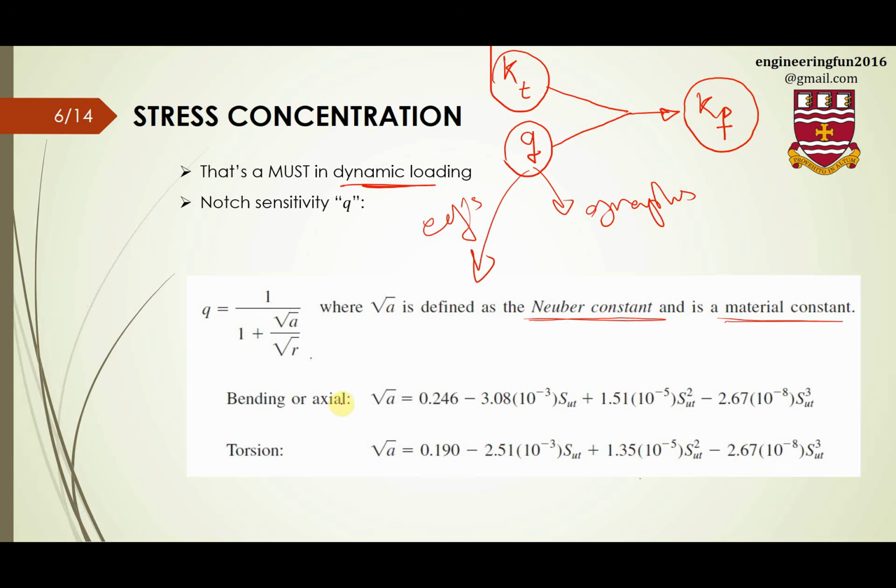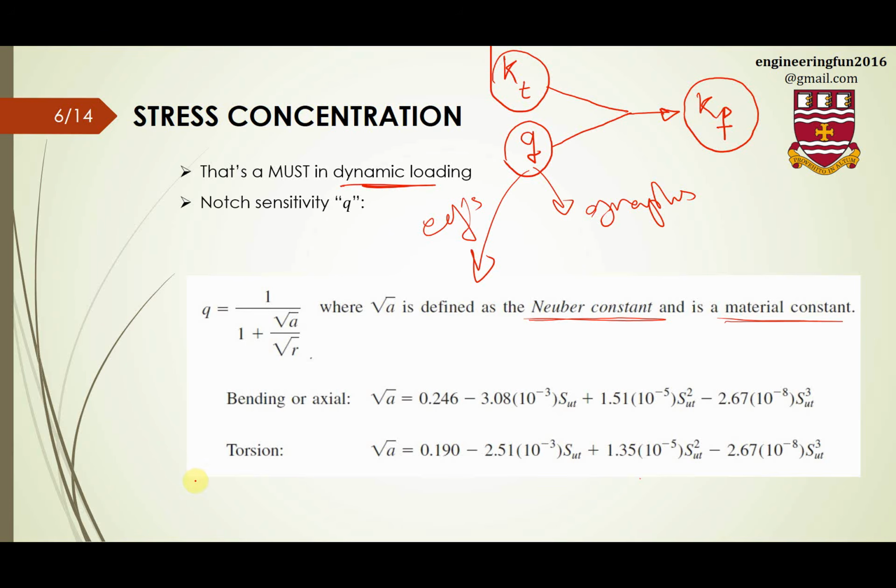If we have bending or axial loading, which in the first part used the first graph here, the square root of a can be found from this equation. We know SUT, we substitute SUT here, and we find the square root of a. And if the type of loading is torsion, which in the first part used the second graph for shear stress, here we find the square root of a based on this equation.